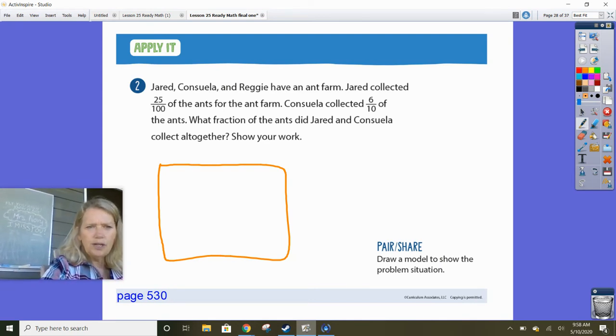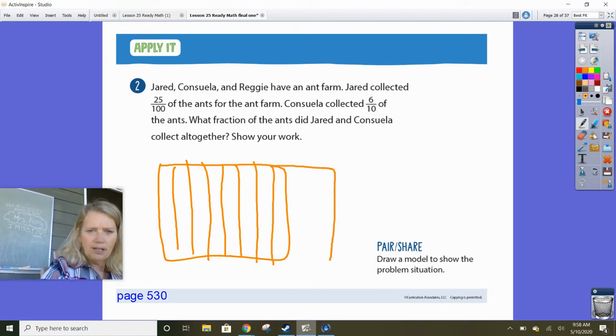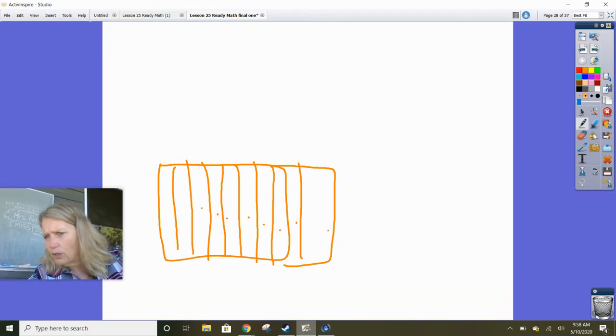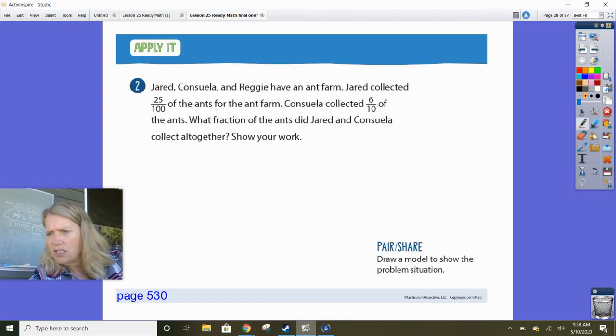If Jared did 25 hundredths, I better do it in tenths. 1, 2, 3, 4, 5, 6, 7. Okay, apparently I'm making it bigger. Oh dear. 1, 2, 3, 4, 5, 6, 7, 8, 9, 10. Sometimes you just gotta start all over. We just want to clear annotations.